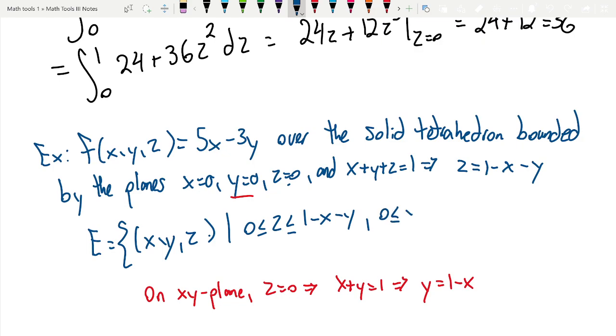So this is going to be 0 is less than or equal to y is less than or equal to 1 minus x. And then finally, x, the last step, is kind of like the fill-it-in step, where you're just going through all the values now. So x is going to go from 0 to 1, right? 1 is the absolute largest value of x, which would happen if y and z were both 0. Okay.